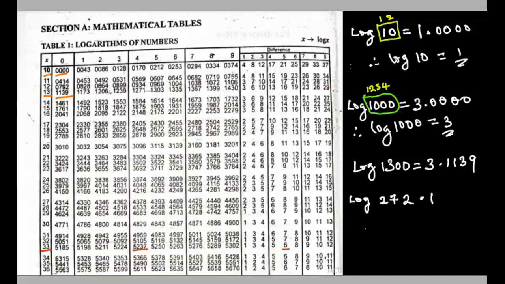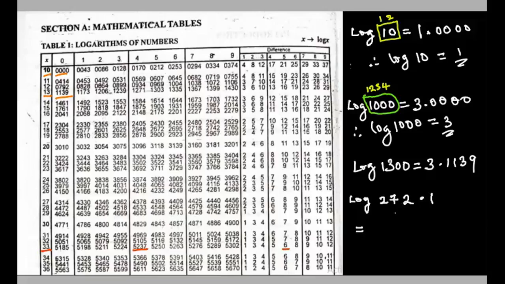This is very easy. This is a decimal number, as you can see. A decimal number would always have a whole number part and a decimal part. For this number, the whole number is just 272.